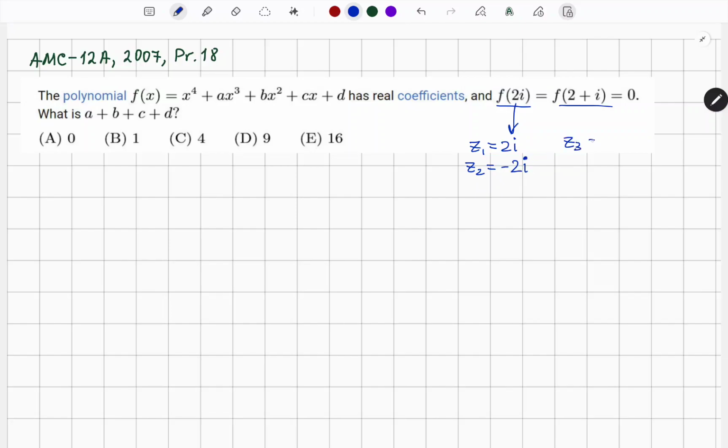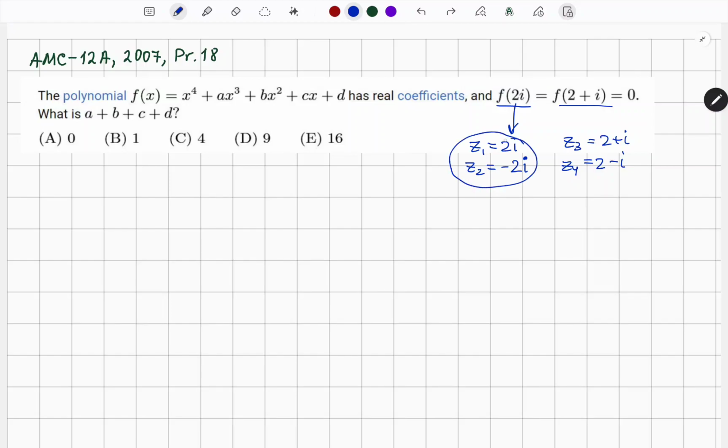So the third root of this polynomial is 2 plus i. 2 is the real part and i is the imaginary part. So the next root is the conjugate of this number. It's 2 minus i. So this is the full set of roots of the polynomial.